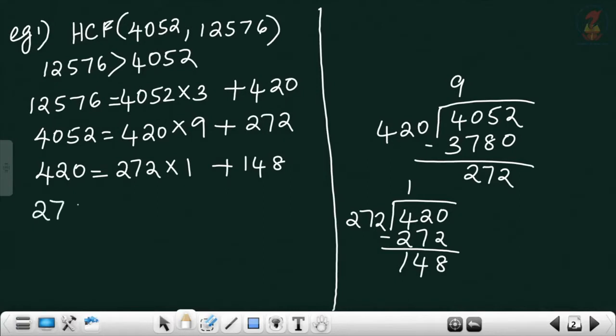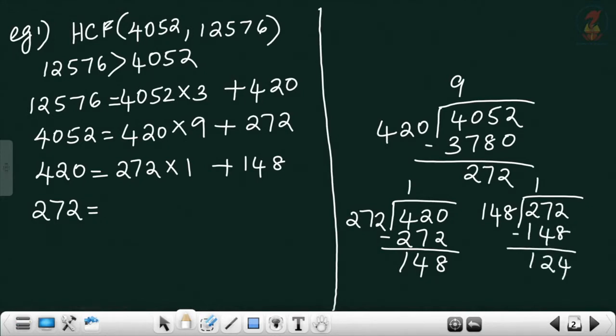Then 272 is greater, write 272 in terms of 148. 272 divided by 148, one time 148, subtraction gives 124 as a remainder. So, you can write this as 148 into 1 plus 124.